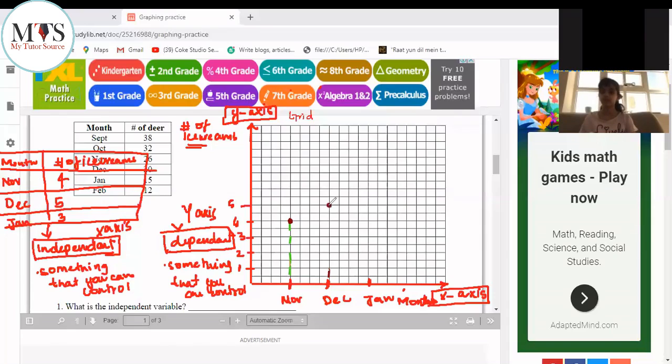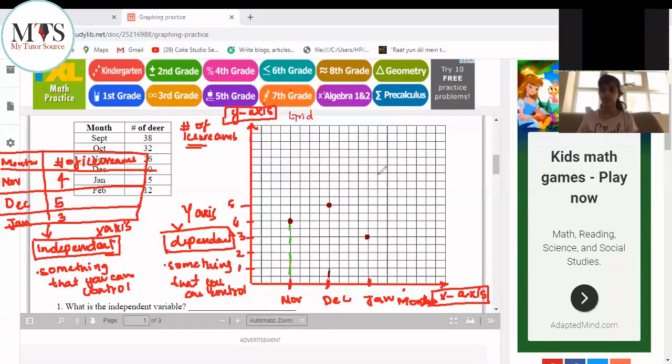Yes. So the dot is going to be for number 5 and December. And then what about January? January, you just go a little bit down from number 4. It's 3. Yes, there. You can just do a dot.